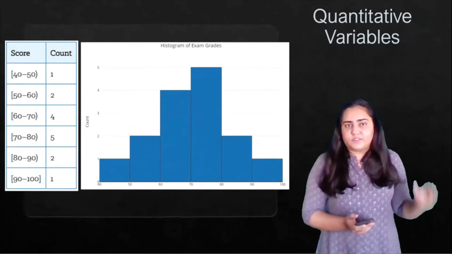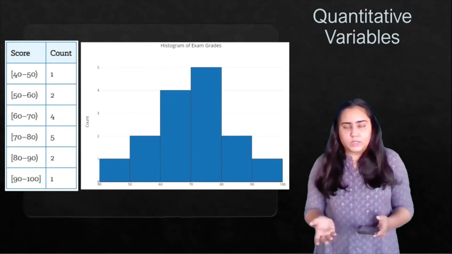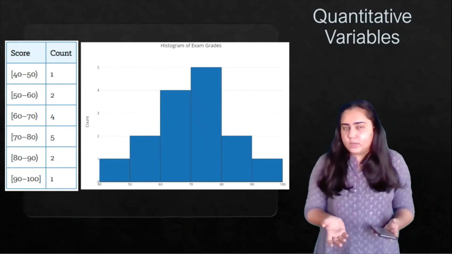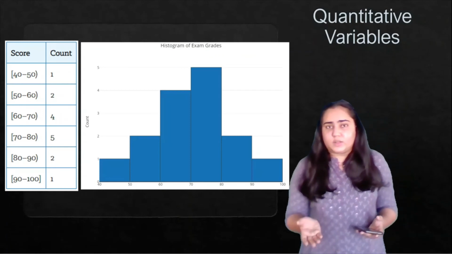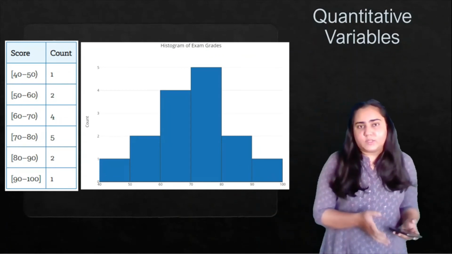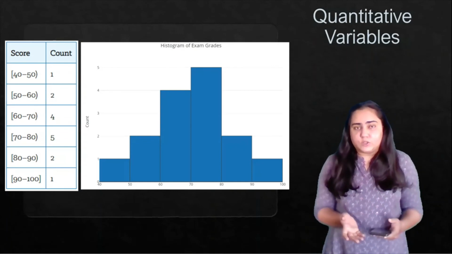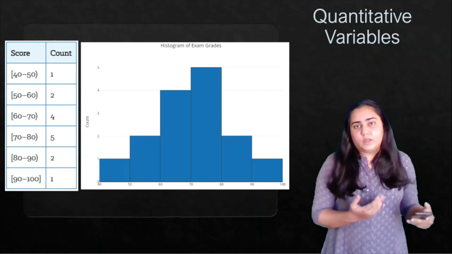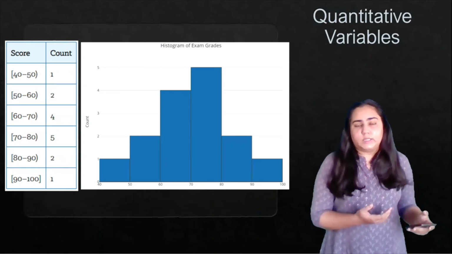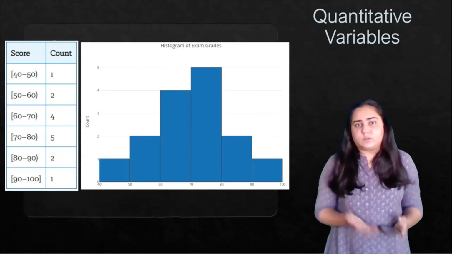Once you have summarized the data, what you can do now is depict it in the form of a picture, and the best one is the histogram. So remember, categorical variables can be shown in the form of pie charts and bar charts. But in the case of quantitative variables, we'll be using histograms.